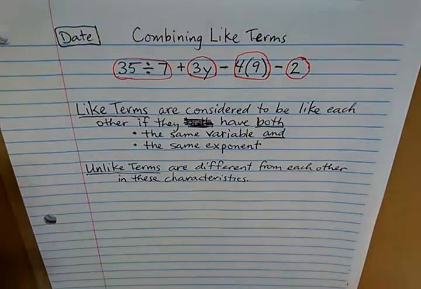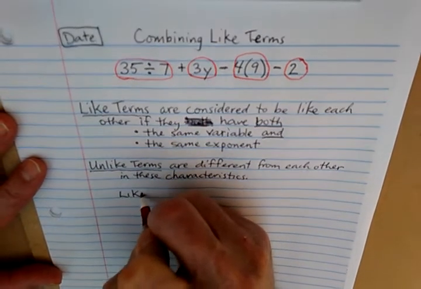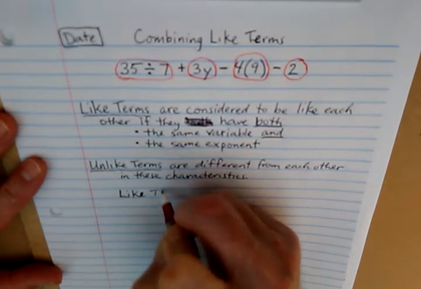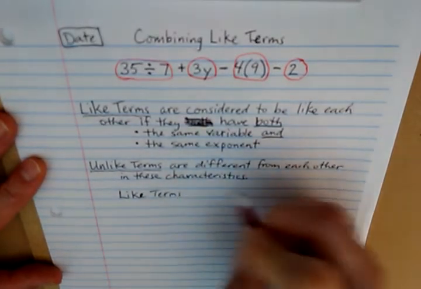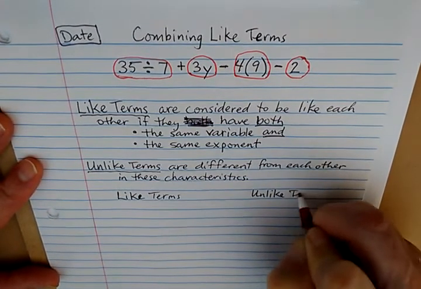So let me show you what I mean by that. We're going to have a category of like terms, and then we'll have a category of unlike terms on this side.